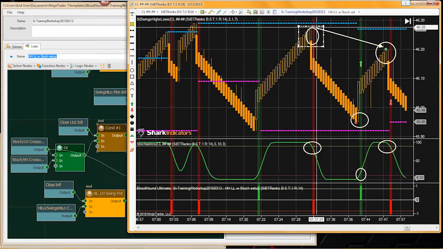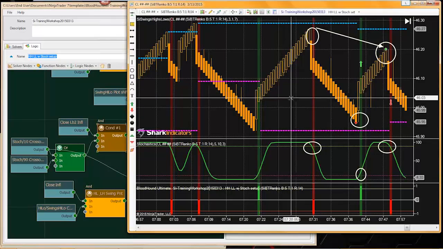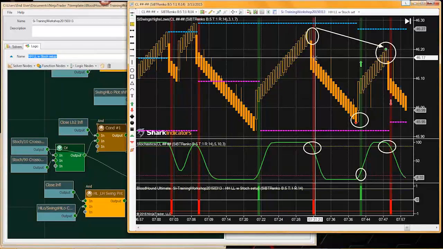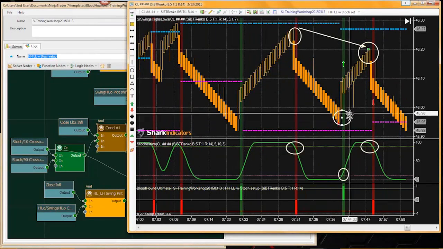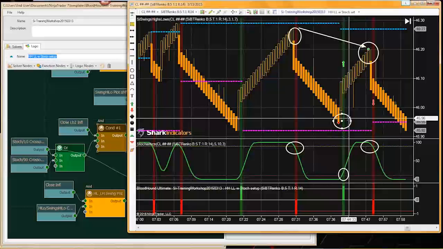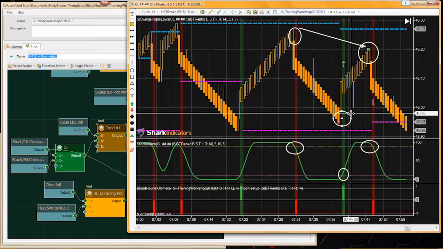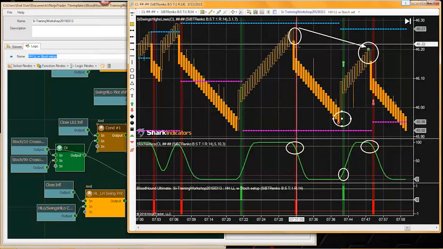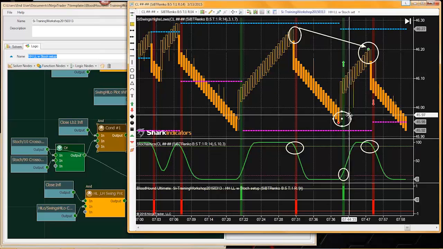All right, so I think so far so good. And so now let's take a look at condition 2 here. All right, so for the short trade setup, this is condition 1. I'm sorry, condition 2. All right, so we got condition 1 working here for the short setup. So now we need to get condition 2 working.